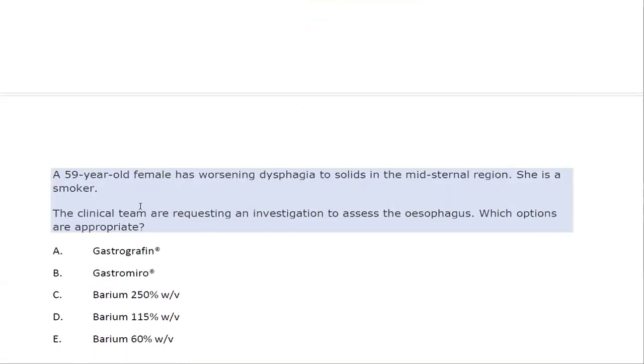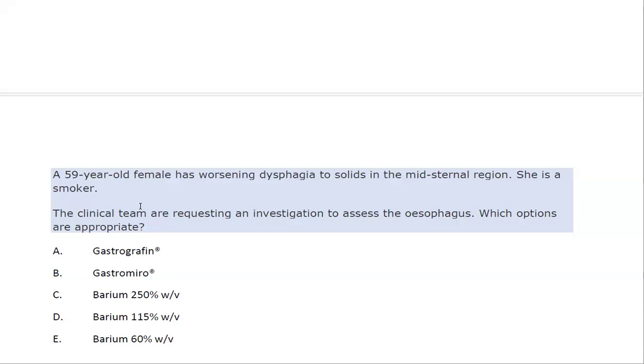Okay, another one. A 59-year-old female has worsening dysphagia to solids in the mid-sternal region. She is a smoker. The clinical team are requesting an investigation to assess the esophagus. Which options are appropriate: gastrografin, gastromiro, barium? Which one? C. Yes, of course.